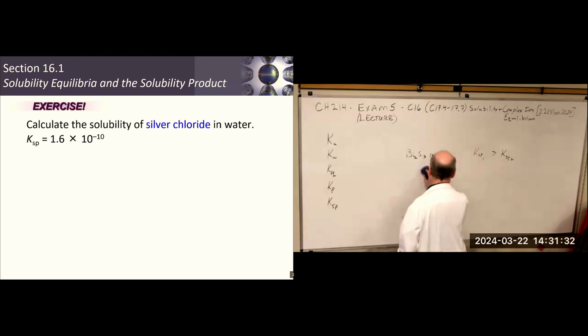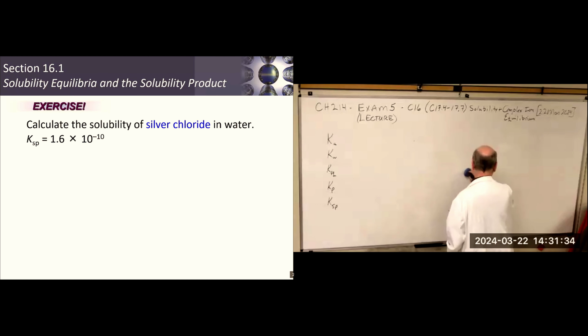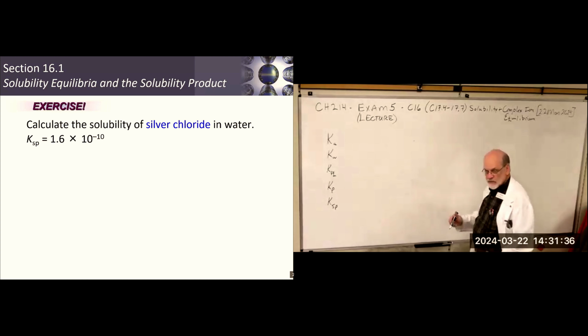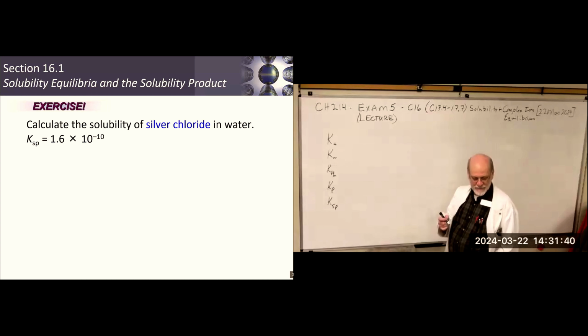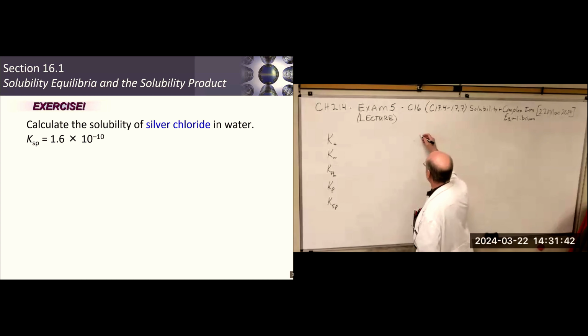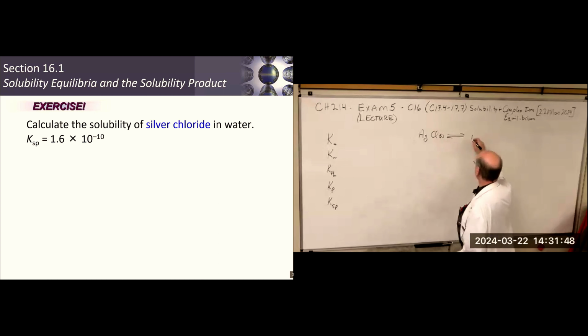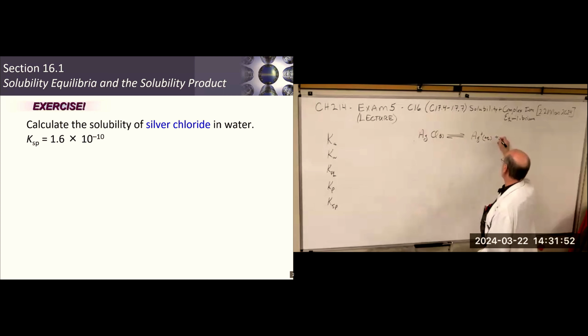All right, here's what we do. And remember I told you that the ICE table was going to stick around for a while. Okay, silver chloride. Let's write the equation. Silver chloride solid is in equilibrium with silver ions in aqueous solution and chloride ions in aqueous solution.